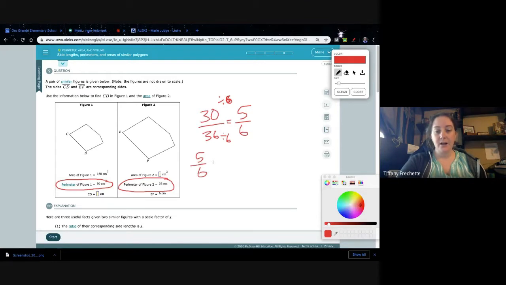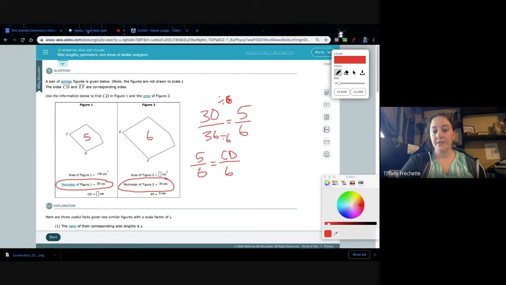And then what I want to do is put this in a proportion so that I can figure out what the side length is. So remember, it's 5 to 6. So I want to make sure I write it this way: smaller figure to larger figure. So now I want to do the same thing on this side. So if I have CD to EF, I'd have CD to EF is 6.